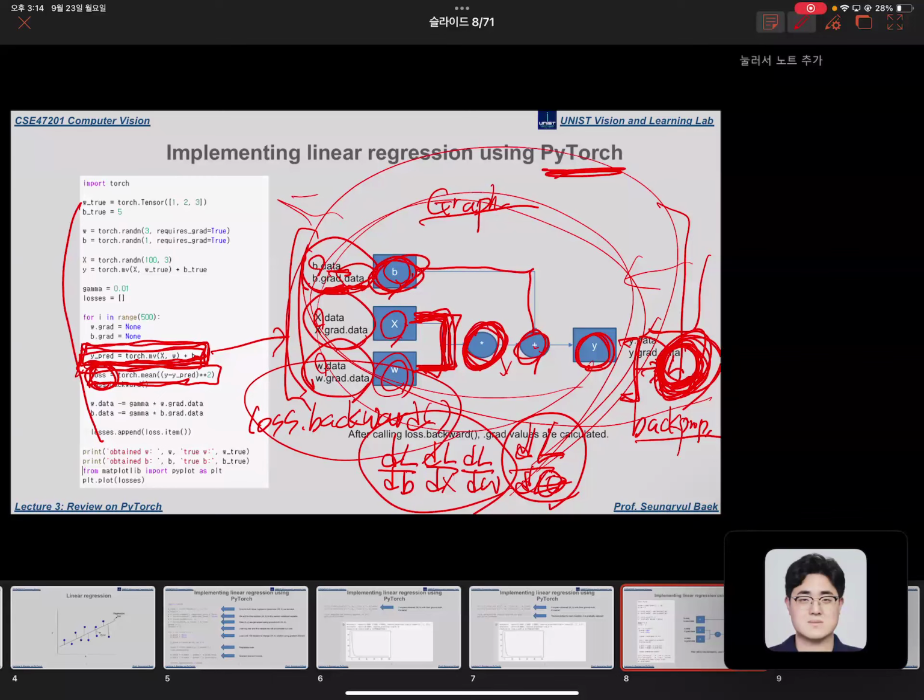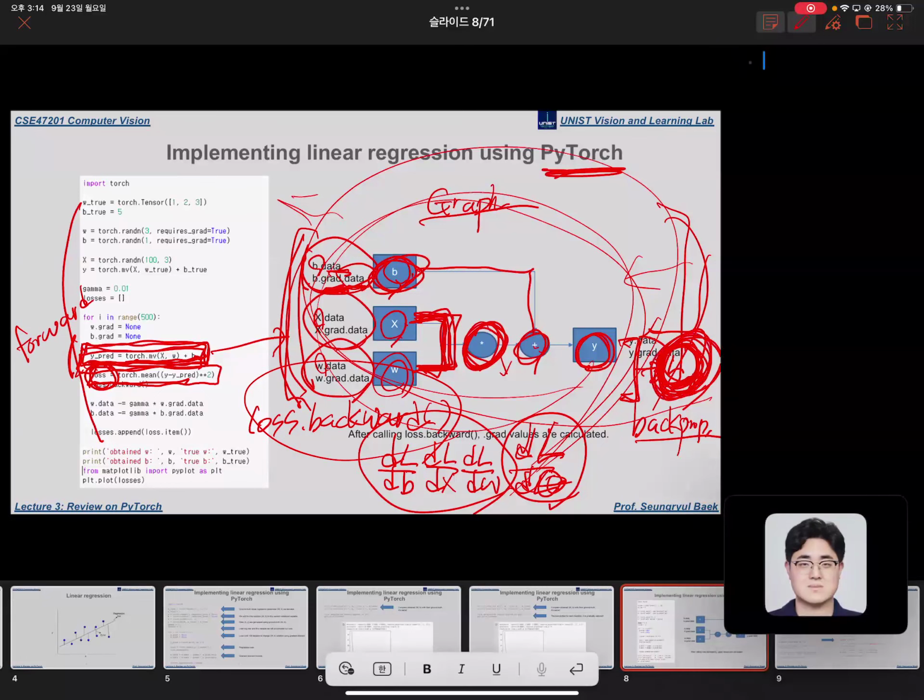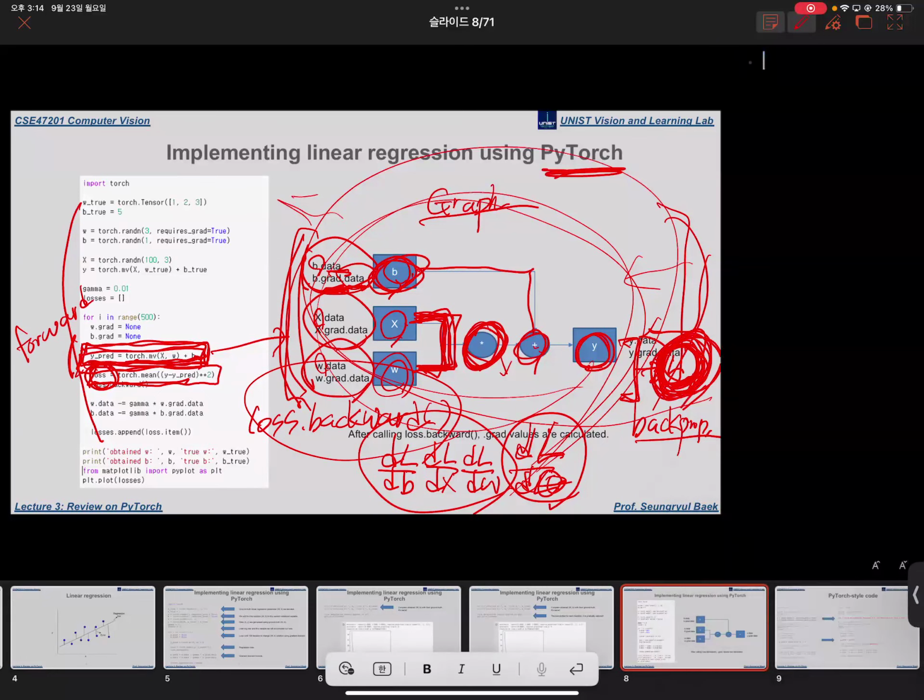If we define the forward rule, this kind of graph structure is defined until we get the loss L. After that, we already know the connected variables, so we can calculate the gradient values for all the variables.